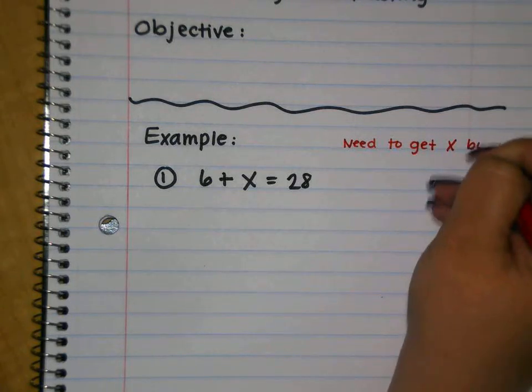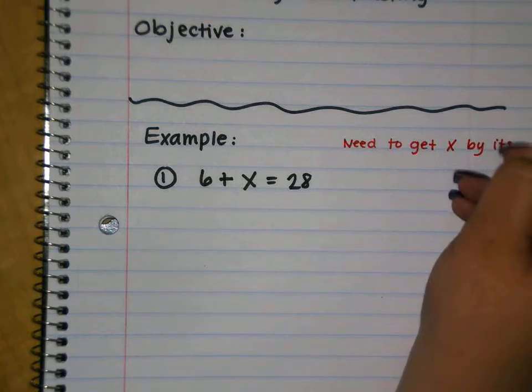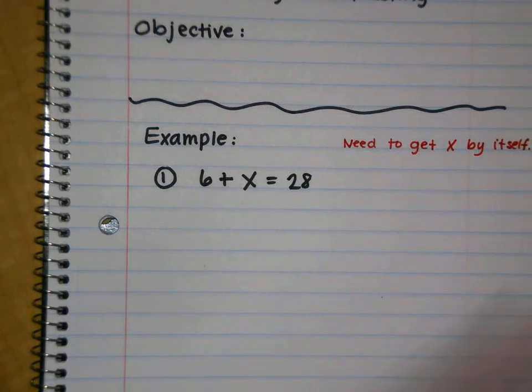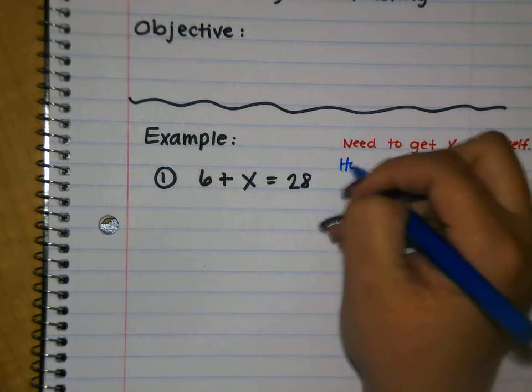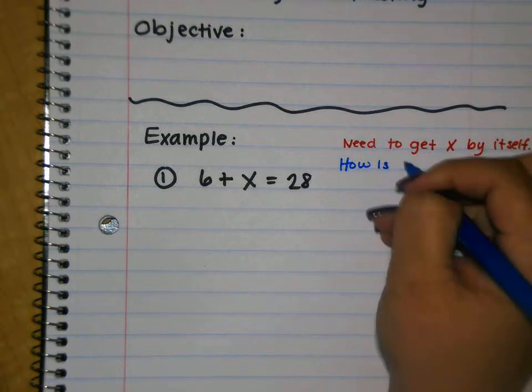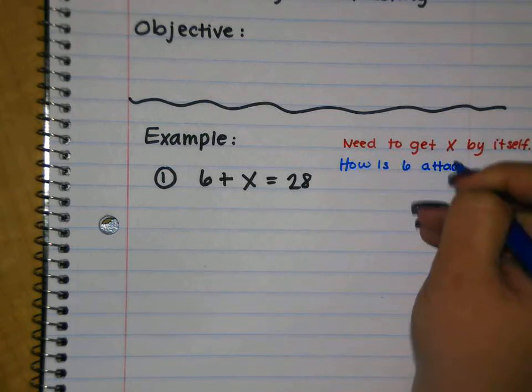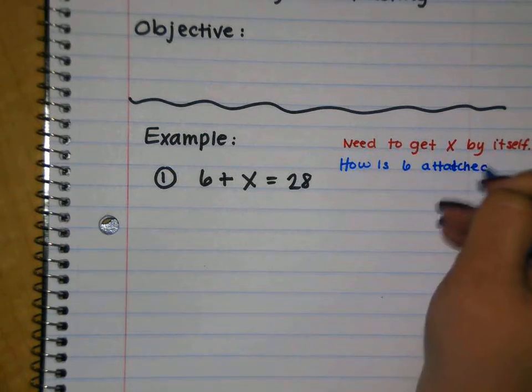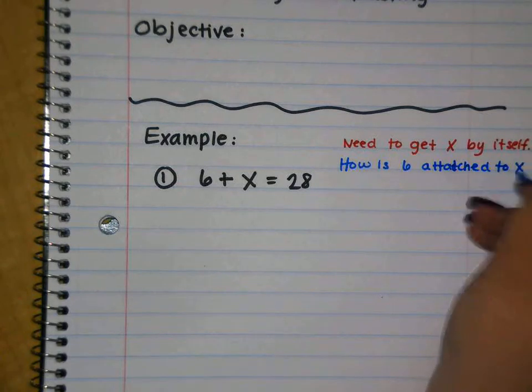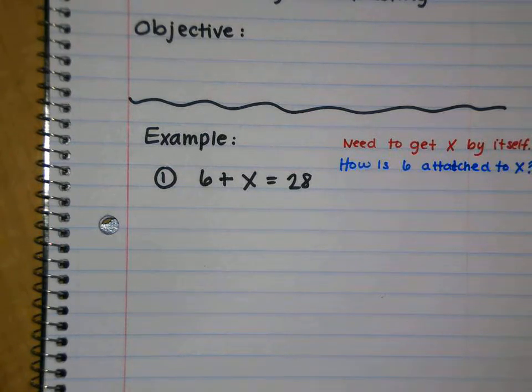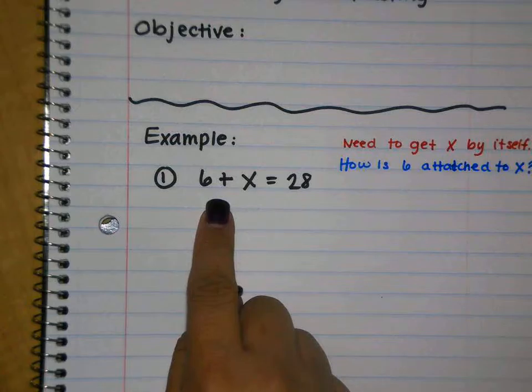In order to get x by itself, we need to get rid of this 6. So we're going to ask ourselves, how is 6 attached to x? Well, I can see that it's added to x.